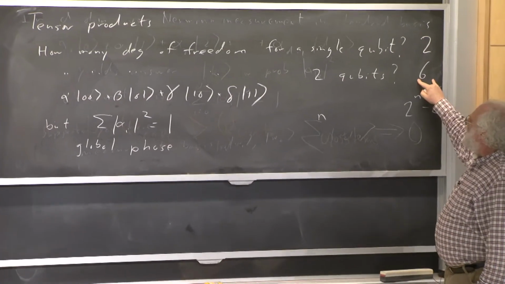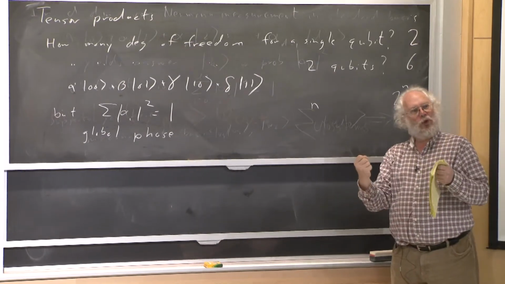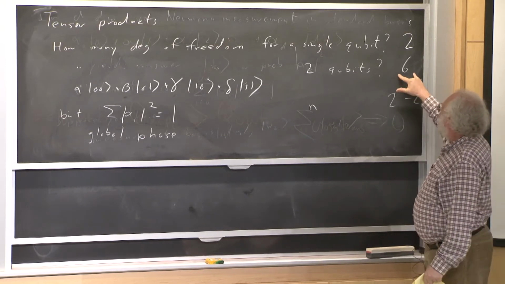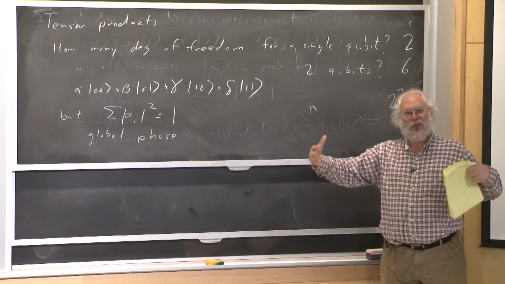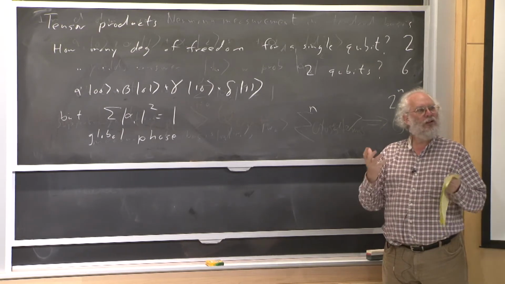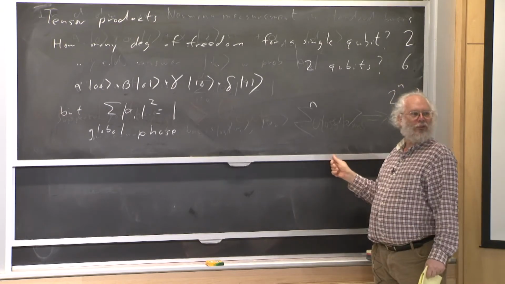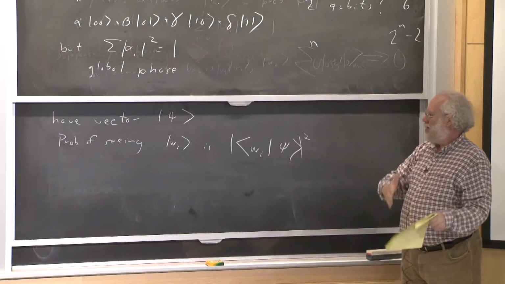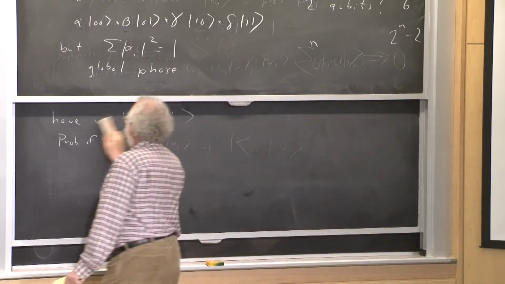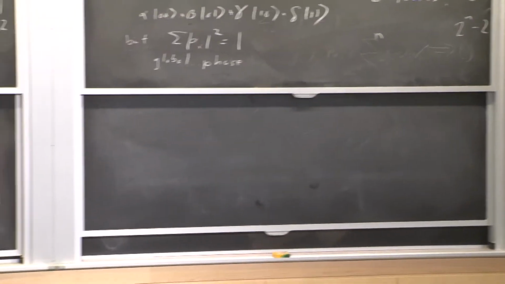So what does this say? Well, this says that there are 4 degrees of freedom if we take the product of 2 qubits, each of which is in its own state, and there are 6 degrees of freedom if we look at the general state space of 2 qubits. So that means there are some states of 2 qubits which cannot be factored into 2 things.